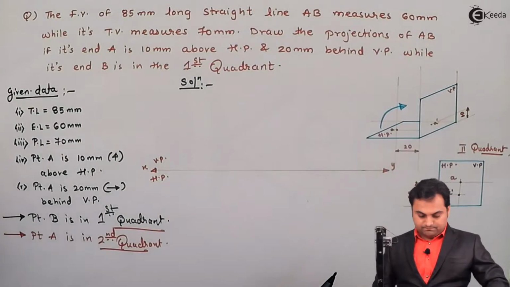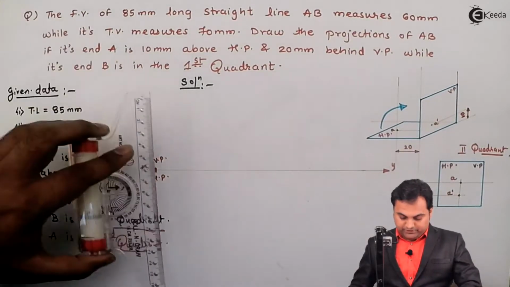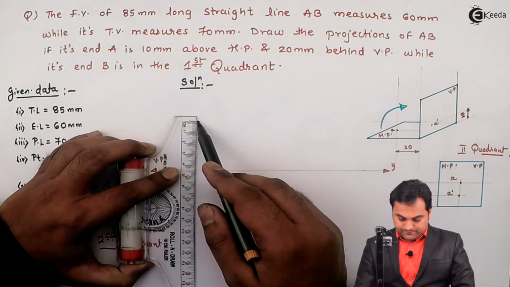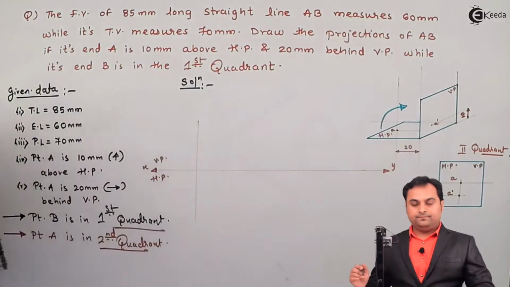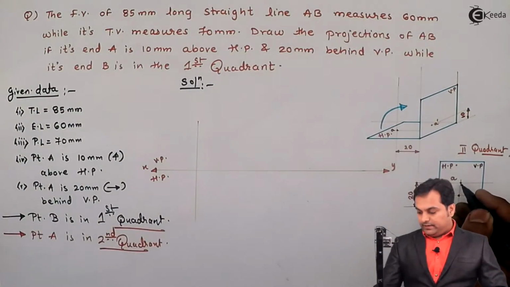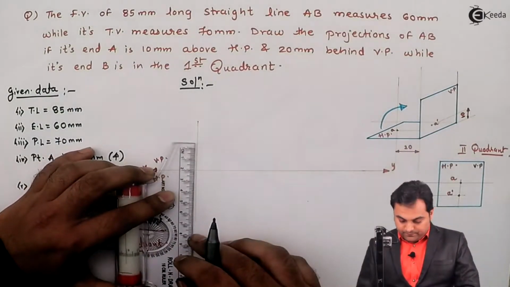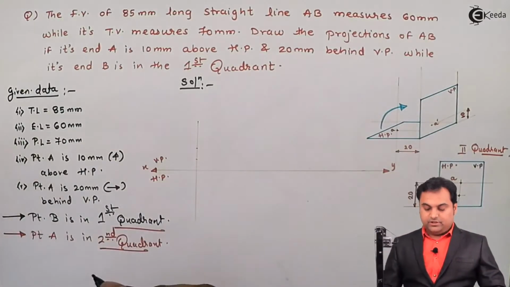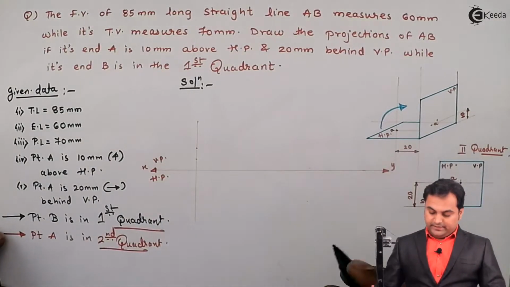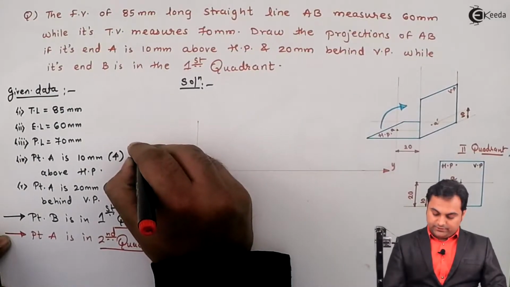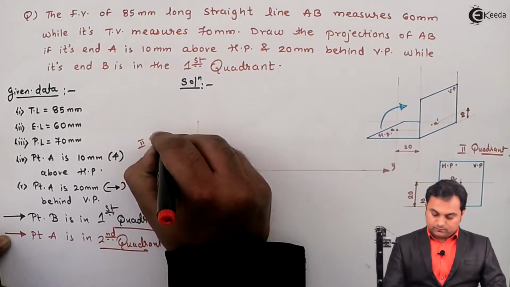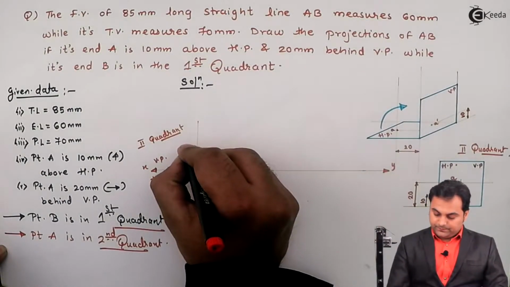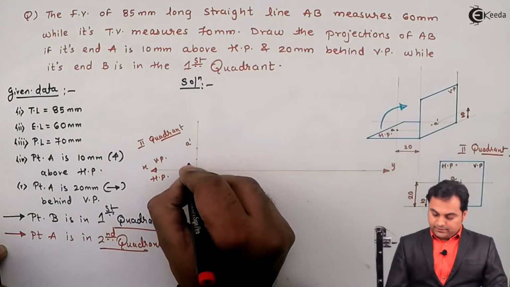So for point A, I am drawing a light horizontal line here, light vertical line. Then I locate point A at 20 distance, point A dash at 10 distance. They are overlapping because for point A, this will be the second quadrant. So here I'll say this is point A dash and here is point A.